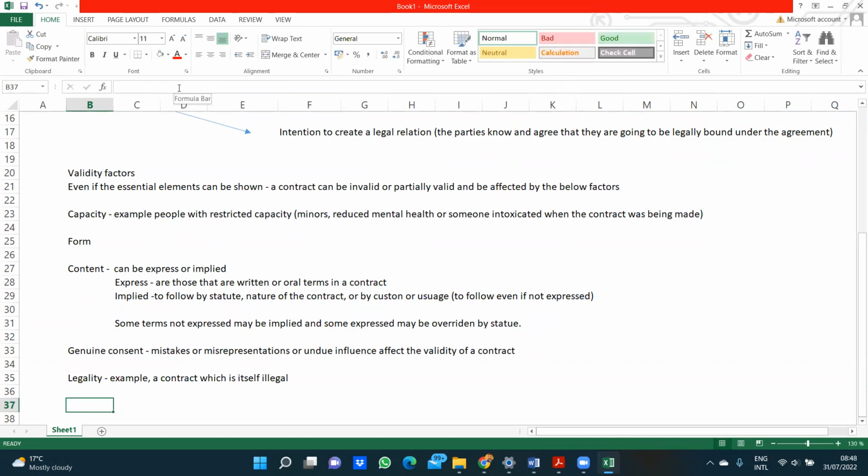And so a contract failing the above tests, capacity, form, content, etc., renders the contract void, voidable, or unenforceable. Okay.